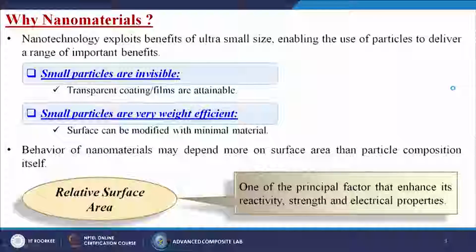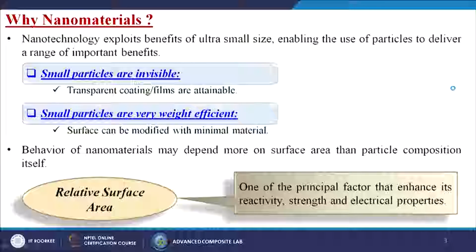So, why nanomaterials? Nowadays every researcher, every scientist, everybody is talking about nanomaterials. The first question that comes to our mind is why we are using nanomaterials, what is the beauty behind it. Nanotechnology exploits the benefits of ultra small size, enabling the use of particles to deliver a range of important benefits.